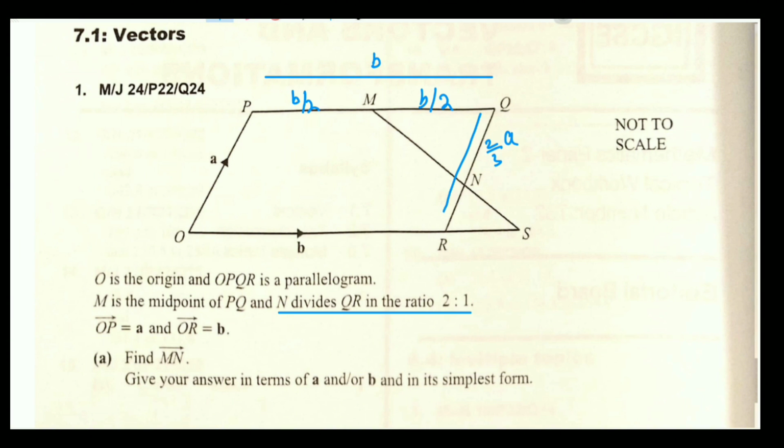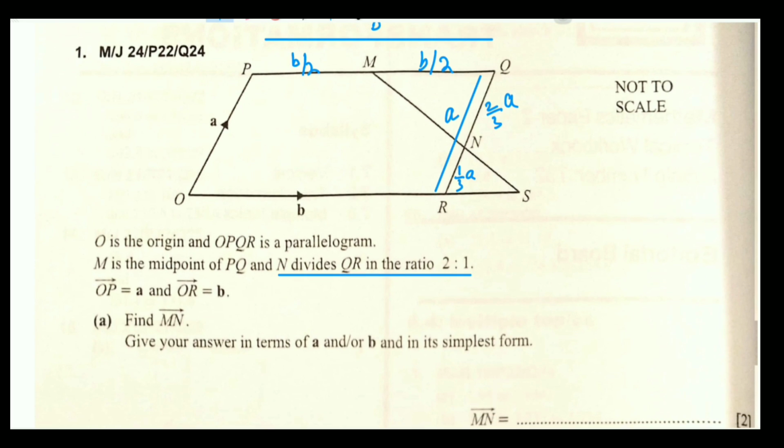So this whole side will also be A. So QN will be 2 by 3 of A. How? Because QN ratio is 2 and RN ratio is 1, so total ratio is 3. So QN will be 2 by 3 of A and RN will be 1 by 3 of A.